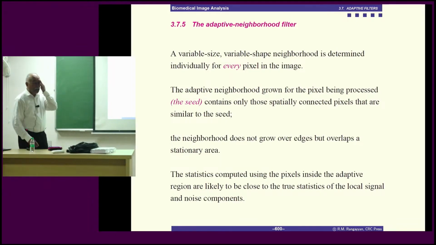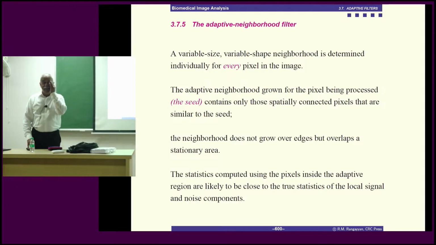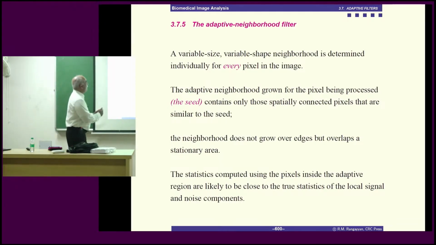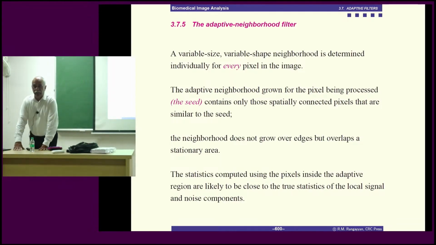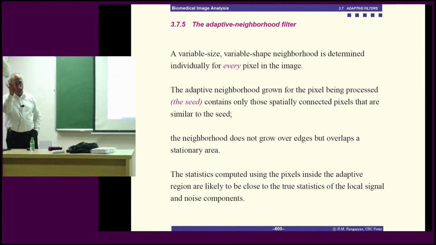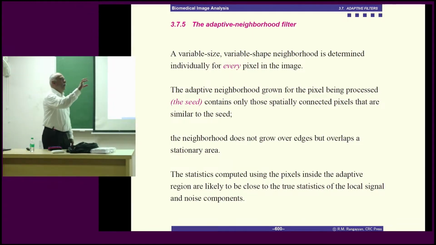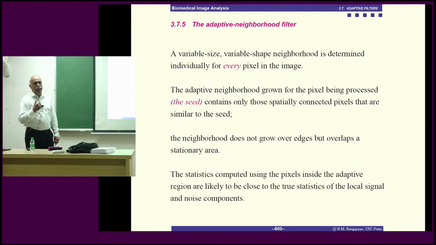When I went to Canada as a postdoc fellow long ago, 44 years ago, in 1981, my supervisor, Dr. Richard Gordon, came up with this idea that we should have adaptive filters that don't depend simply on fixed windows or populations of pixels as you move the filter from pixel to pixel, but instead the neighborhood of pixels that you use at every location must adapt to what is present in that location. So we call that an adaptive neighborhood.